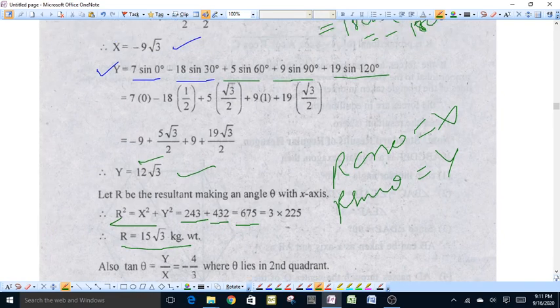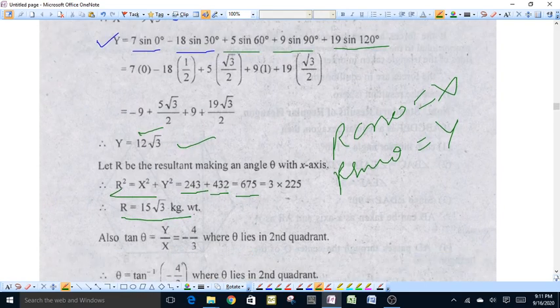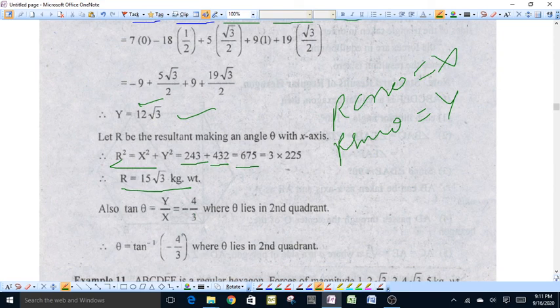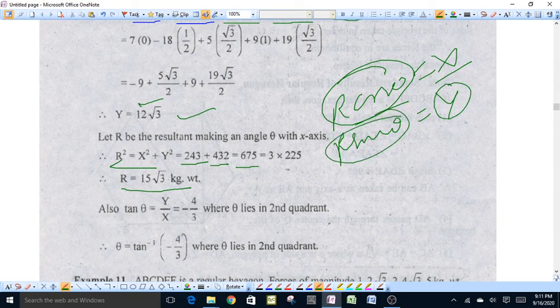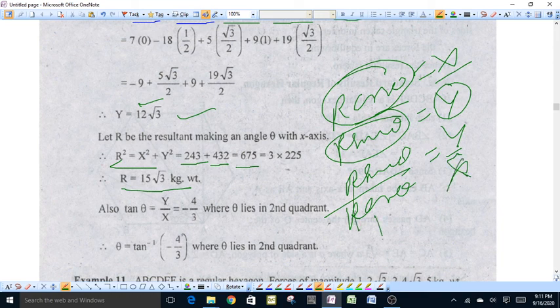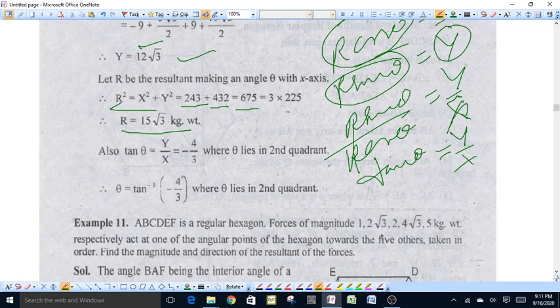If we divide Y by X, then we get, because the x component is equal to R cos theta and Y is equal to R sin theta, R sin theta upon R cos theta will be equal to Y upon X. This means tan theta is equal to Y upon X. From this relation, theta comes out to be tan inverse of minus 4 upon 3.